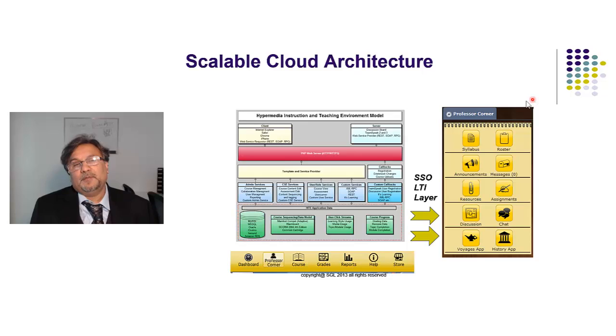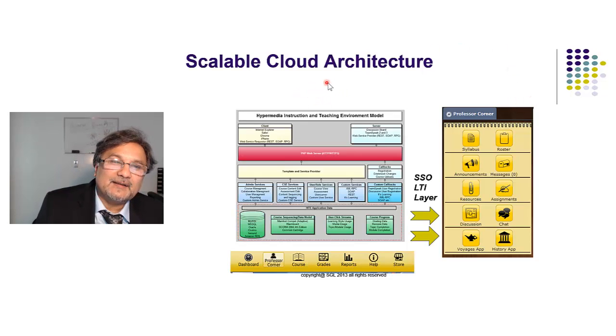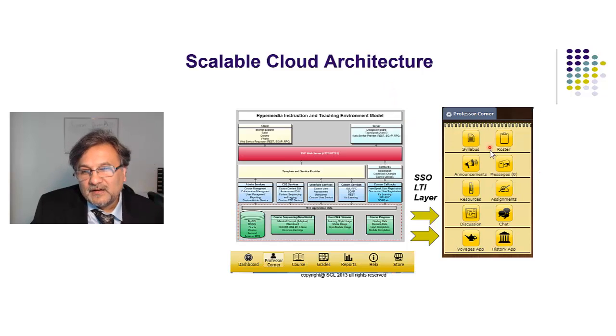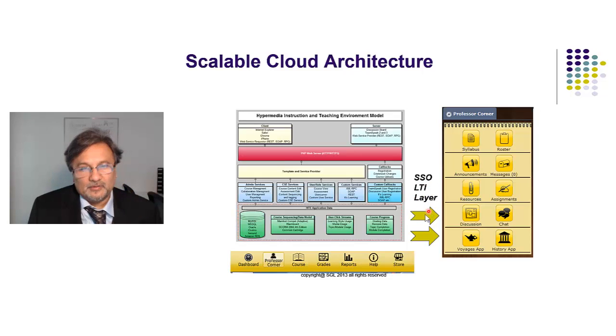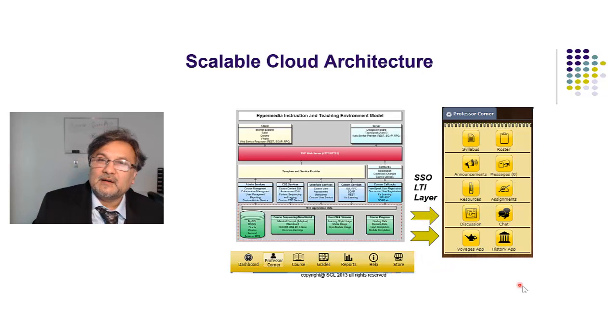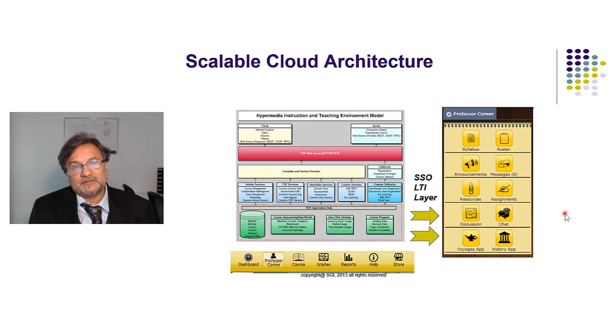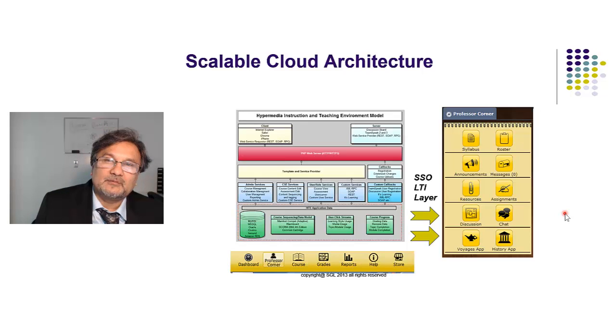Most important part here is that we have highly scalable architecture. So we have now created a lot of learning apps which are all connected through single sign-on learning technology interface layer, LTI layer 2.0, which is coming from the IMS organization. We are fully compliant with disability. We are fully compliant with SCORM standards, which are the Shareable Content Object Reference Model.